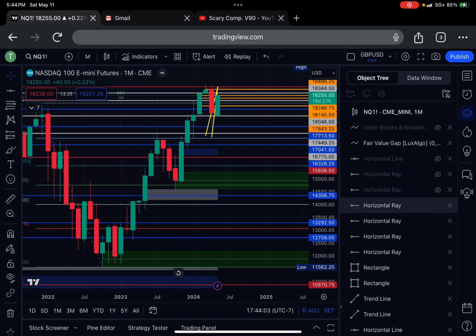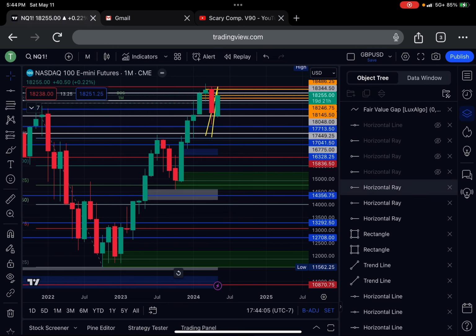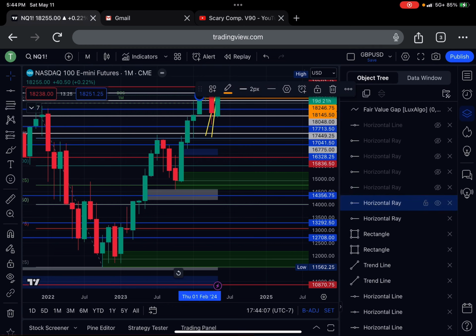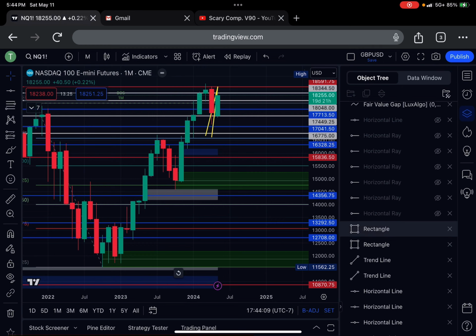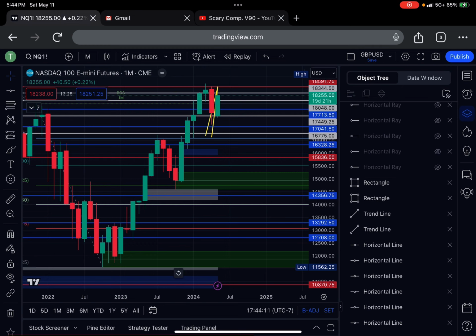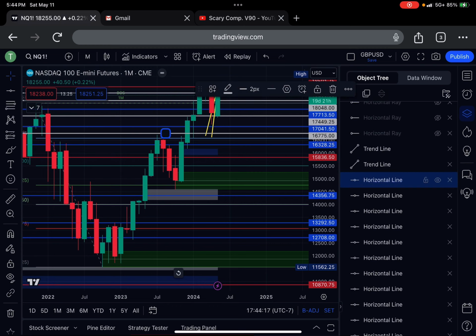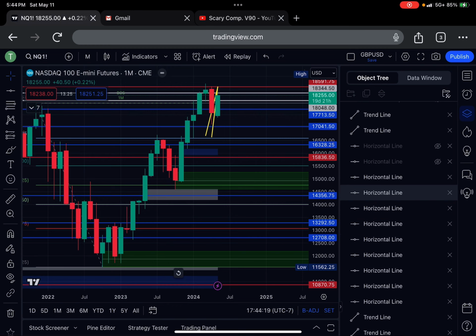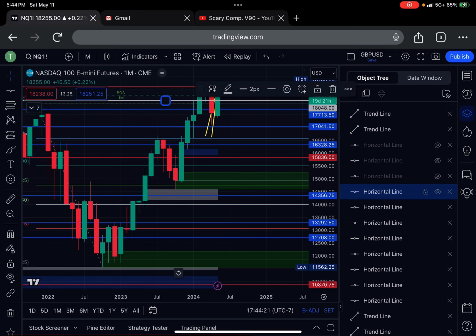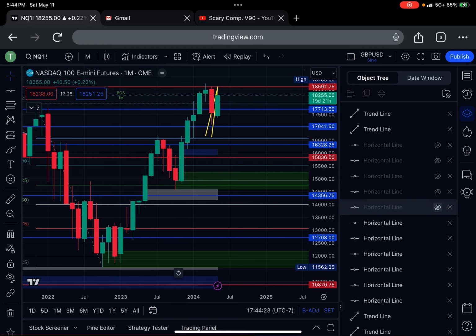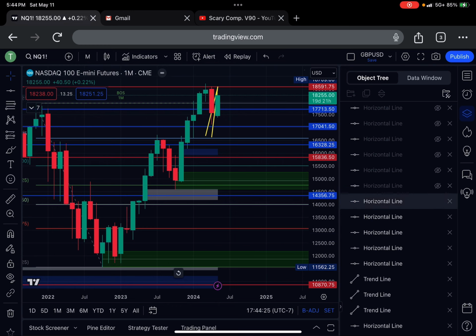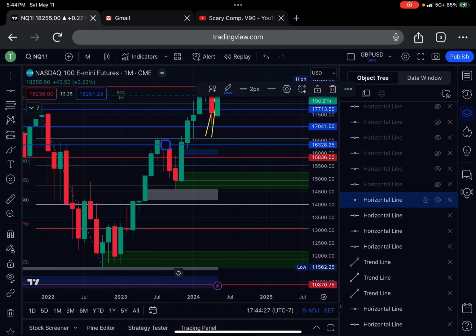We've got a rectangle, so turn that off. I don't really keep the trend line. I'll explain why I draw channels manually myself. So we're just going to turn this off right now, for the meantime.